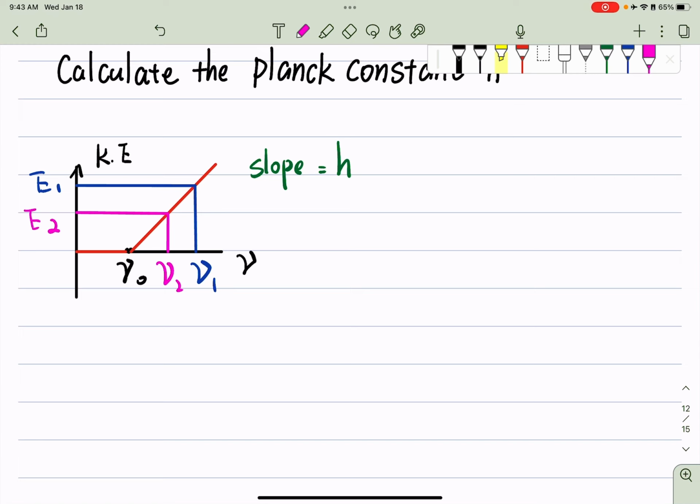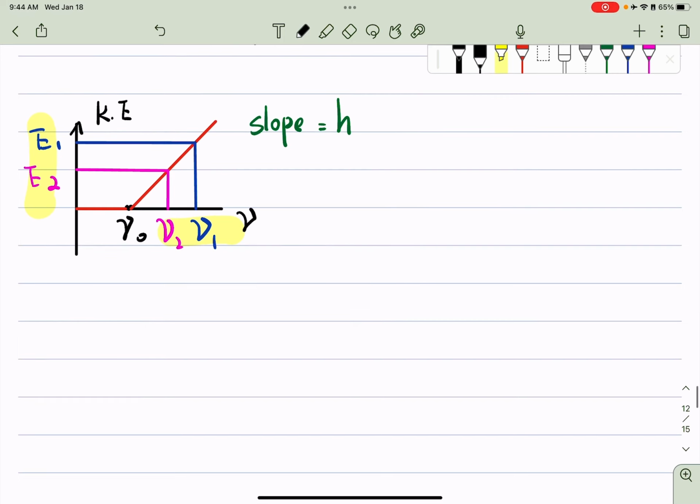And in this relationship, what we already have are these points. So we know what E1 is, we know what E2 is, we know what mu1 and mu2 are. So we're just trying to use these numbers to estimate the slope, which is the Planck constant. This is just basic algebra.